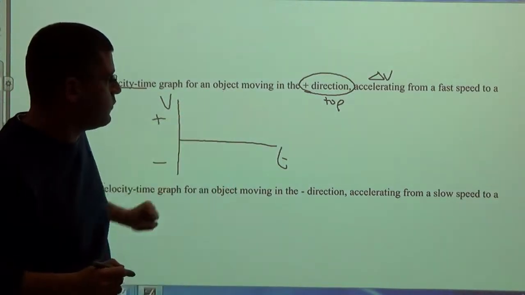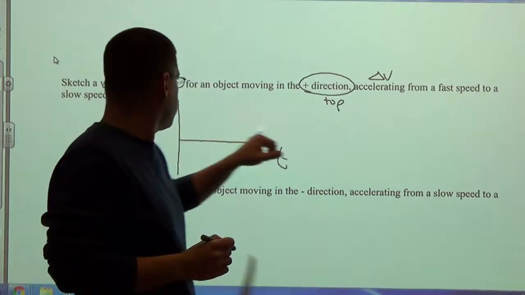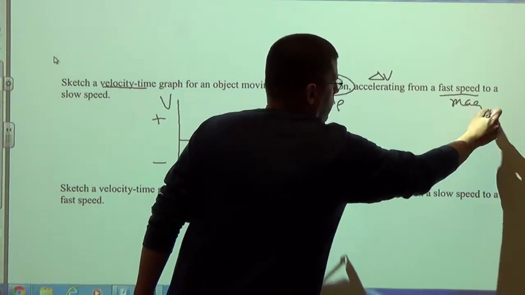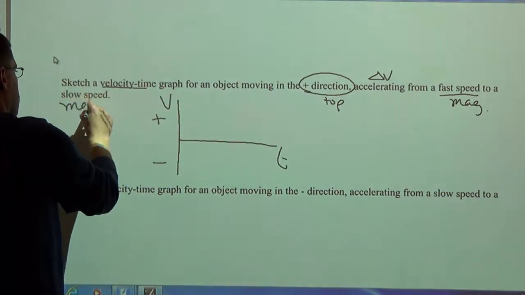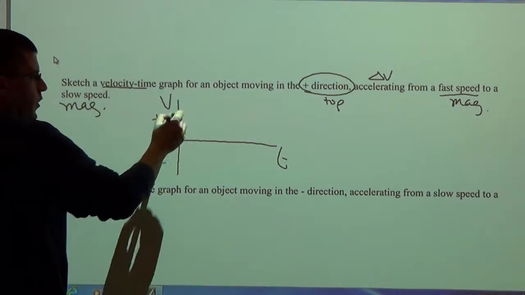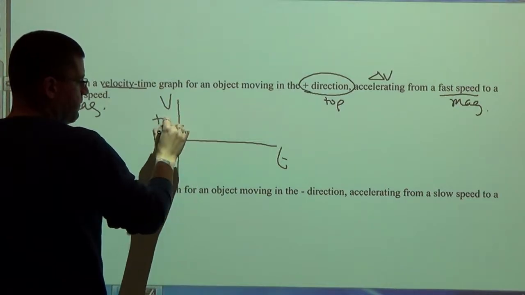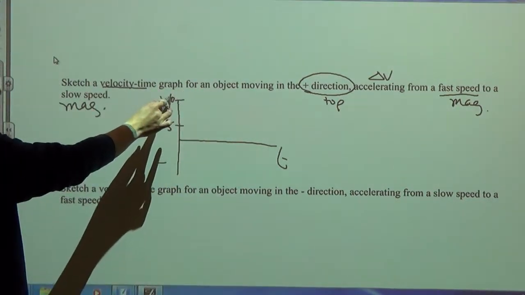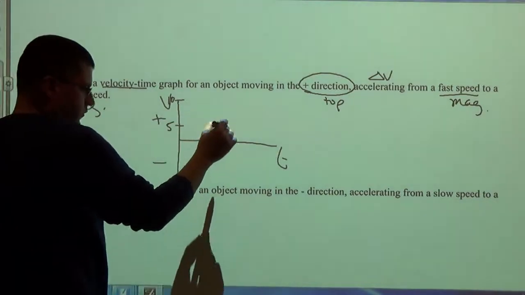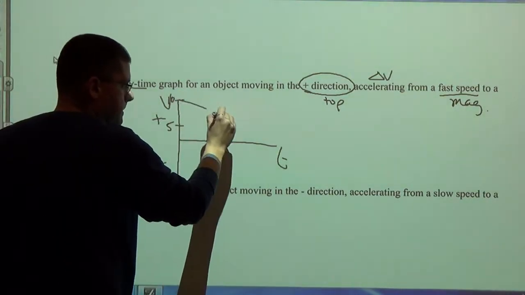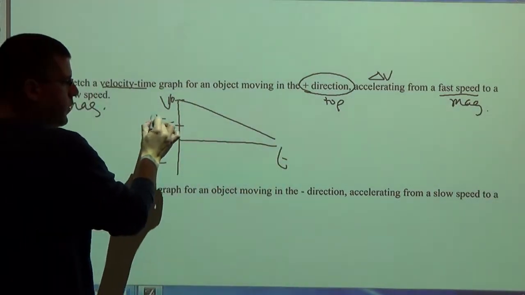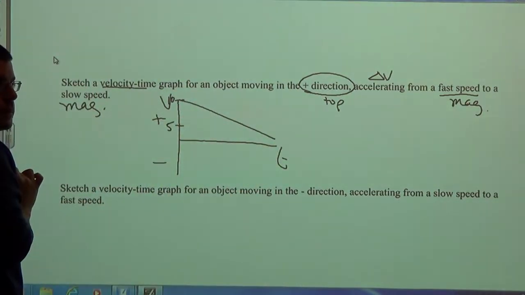Because again, we're analyzing a change in velocity from fast to slow. Fast, magnitude. Slow, magnitude. So where's the fastest to slow? If I go 5, 10, if I need a slope going from a fast to a slow speed, I would go like this. Watch this. Linear downward. So this tells me, yes, I'm going in the positive direction.